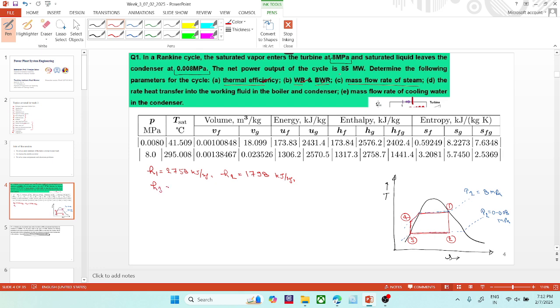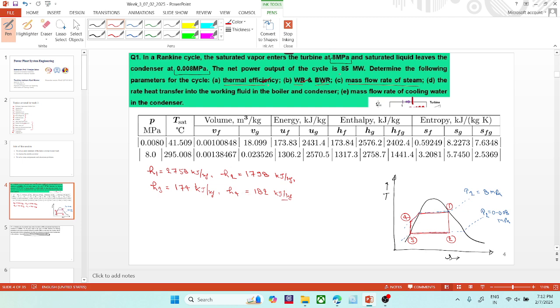H3 value will come like 174 kilojoule per kg, and H4 value will come 182 kilojoule per kg. I'm not writing the after decimal points.